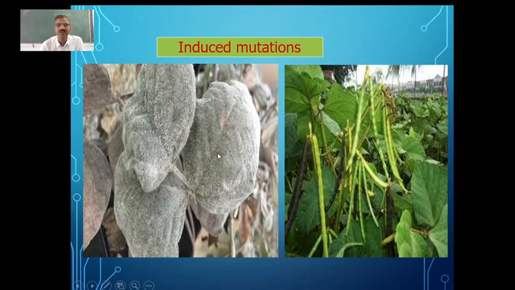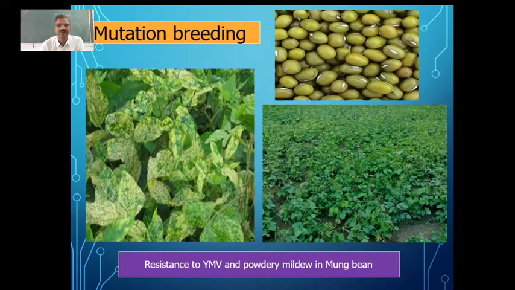This is the mung bean, that is green gram. It is affected by a powder-like structure, which is called powdery mildew disease, and this is the disease-free one. This is the one which has been obtained through mutation.